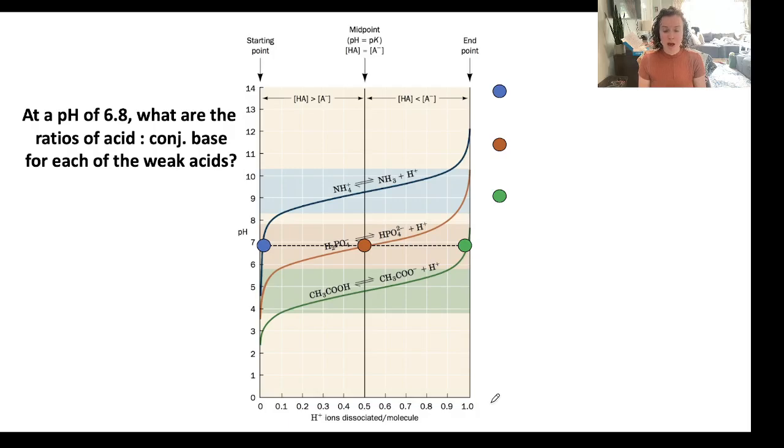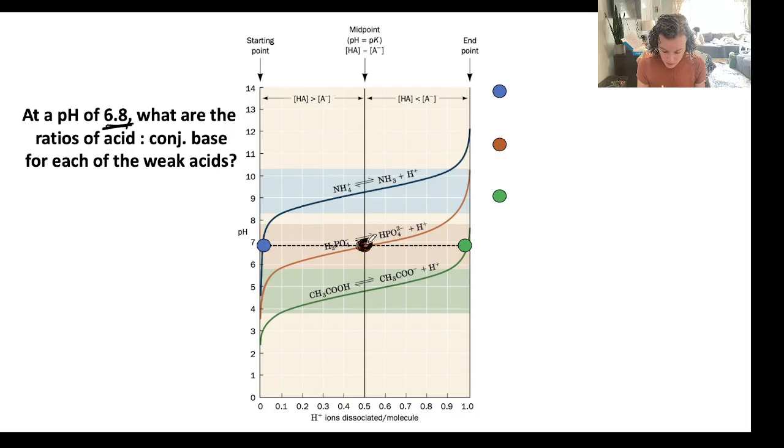And let's just start by looking at a pH of 6.8. At a pH of 6.8, how much acid and how much conjugate base are present for each of these 3 weak acids? And I want us to start with phosphate. So we're going to go to 6.8 on the y-axis, and I drew a line across the graph to show when the pH of 6.8 crosses all 3 lines.